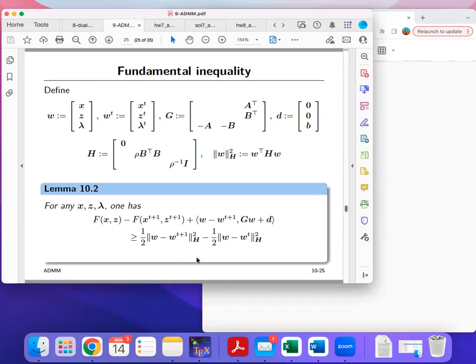So this is a gap, a difference between two consecutive iterations. And then you can imagine that for the right-hand side, we can do a telescoping, cancel out the intermediate terms. And for the left-hand side, we will have a summation structure. But that essentially will lead us to the final convergence result.